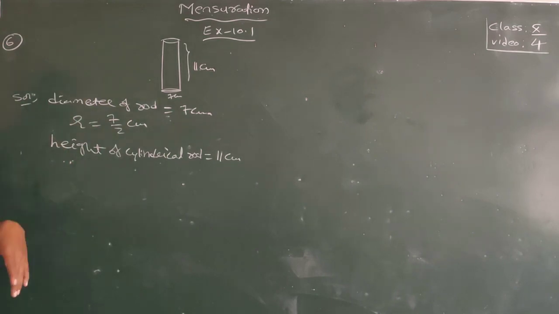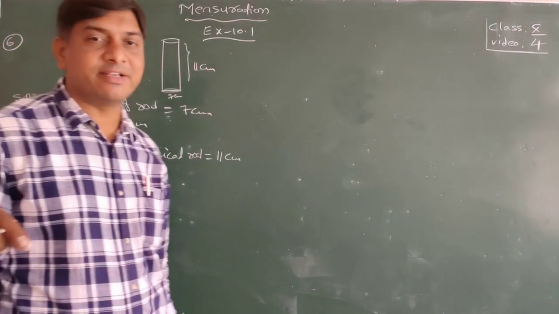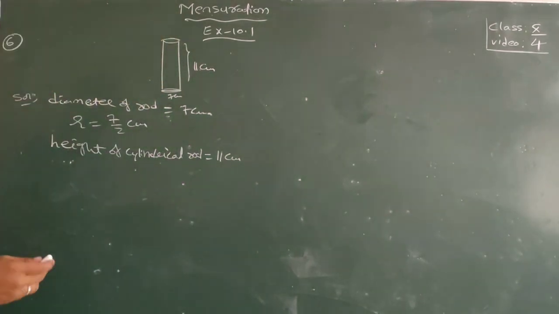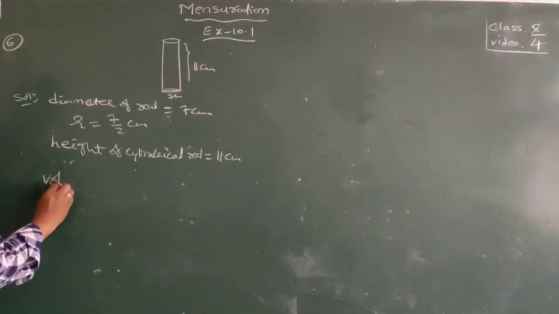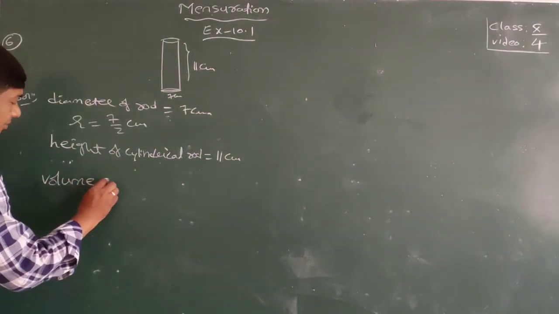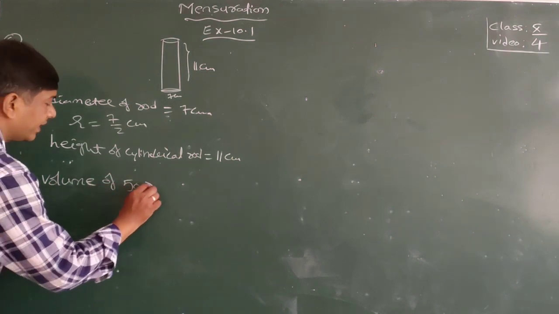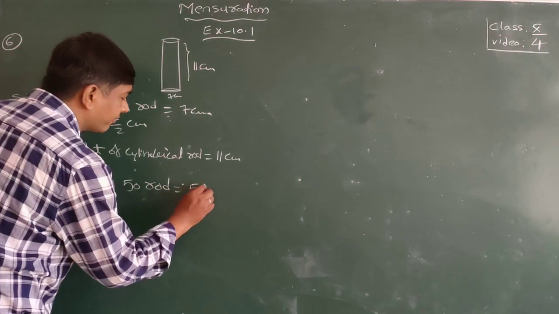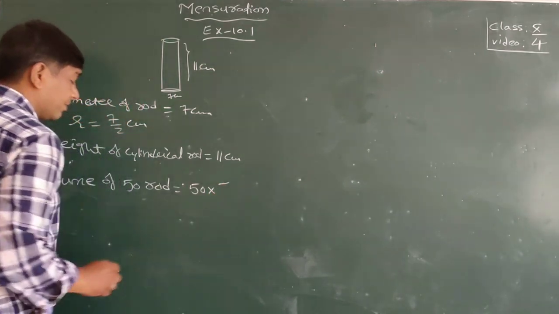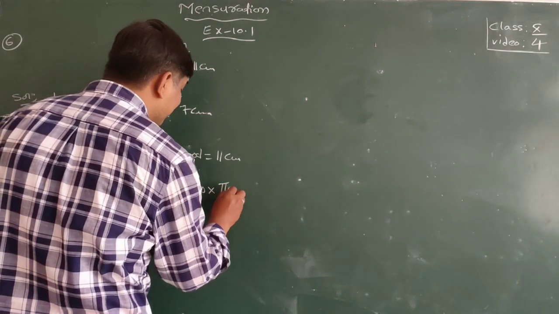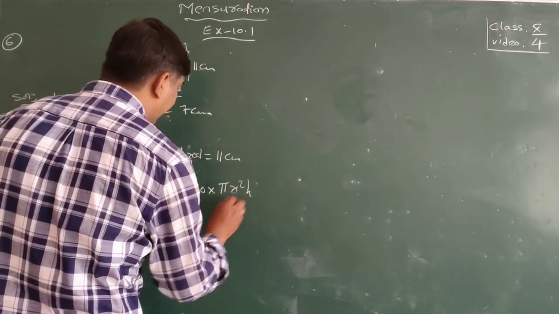Now, volume of the rod means, how many rods did they ask? 50 rods volume they asked. Volume of 50 rods is equal to 50 into the volume of cylinder, pi r square h.